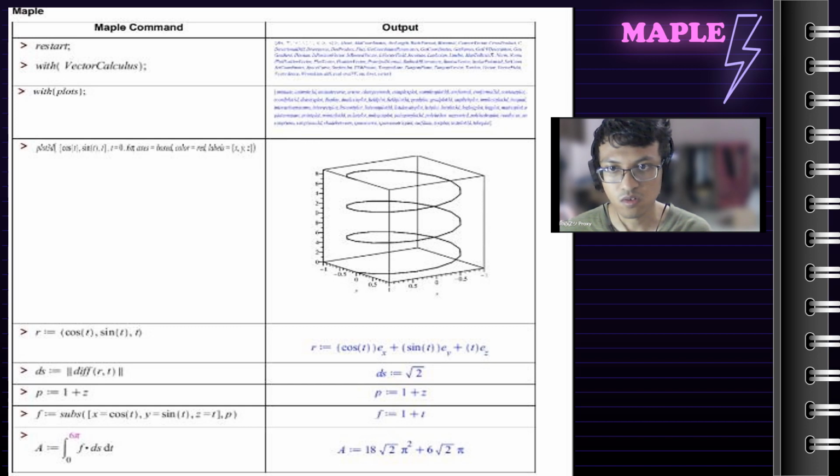And then we also get the 1 plus z that we got from the case study, and at the same time we combine it, and then we integrate it from 0 to 6 pi, and we get the plus prime 2 pi to the power of 2 plus 6 square root of 2 and pi.